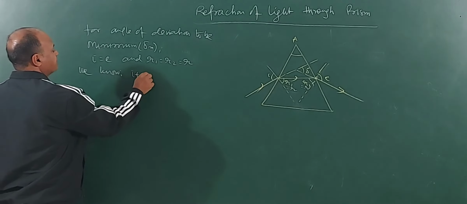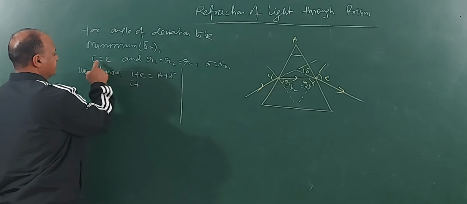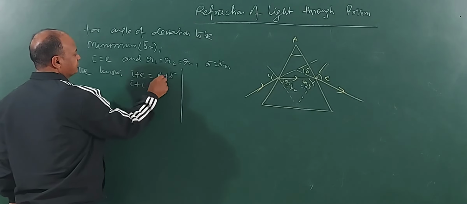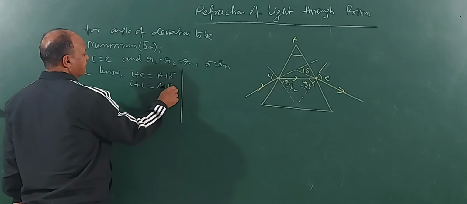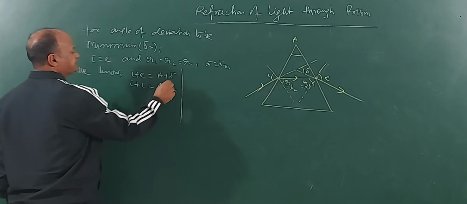If I use this, since E is equal to I, what do you get? A plus delta m, because when delta equals delta m, then I is equal to E. Now I plus I is 2I. So let's write 2I is equal to A plus delta m. Then I is A plus delta m by 2. So I got the first equation: I equals A plus delta m by 2.